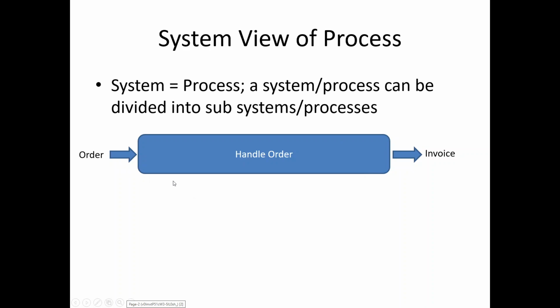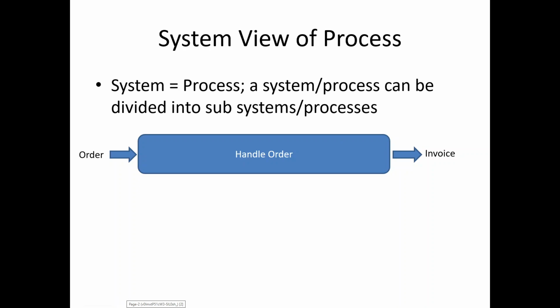The function of this process is to generate an invoice based on order information. Here, this process is just like a black box. We know its input as well as its output, but from this diagram, we have no idea about its internal components and how its internal components communicate with each other.